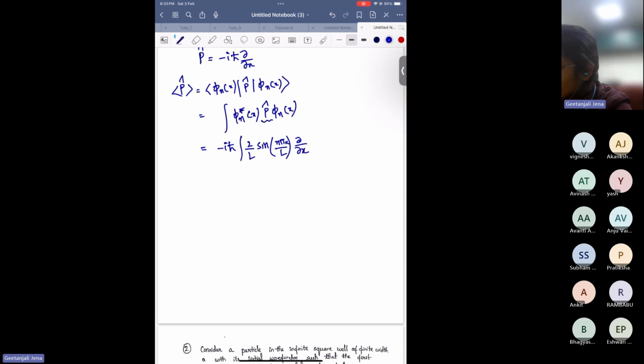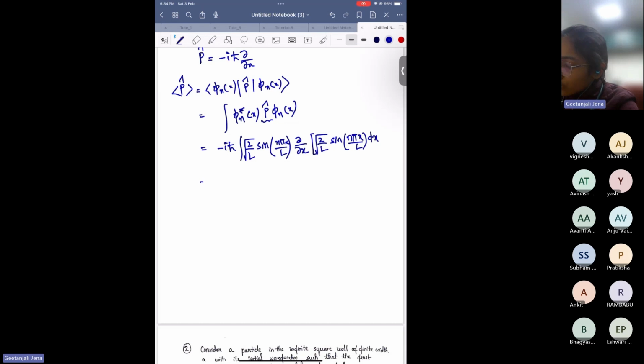The momentum operator will act on the second state, the next phi, which is root 2 by L sine n pi x by L dx.